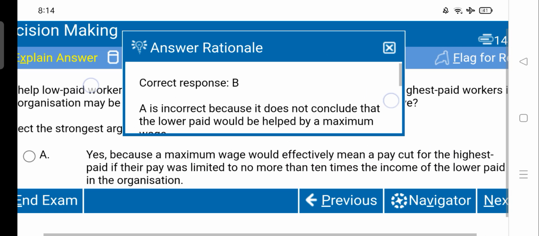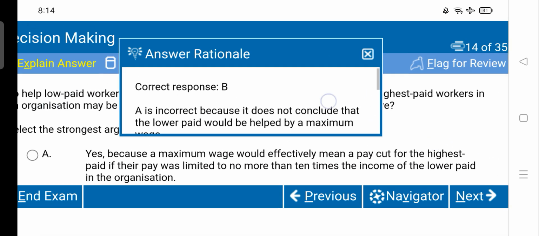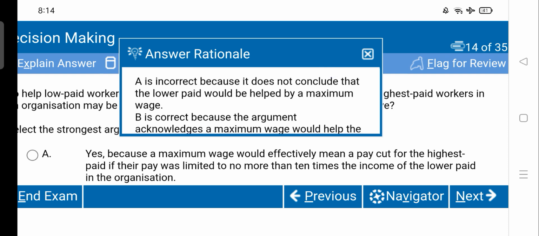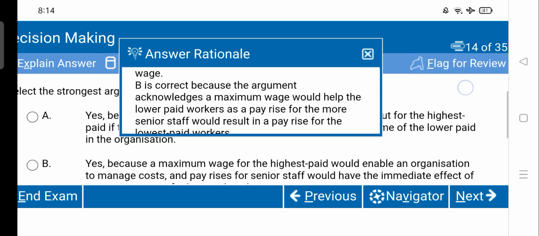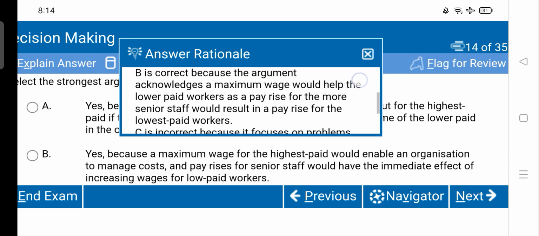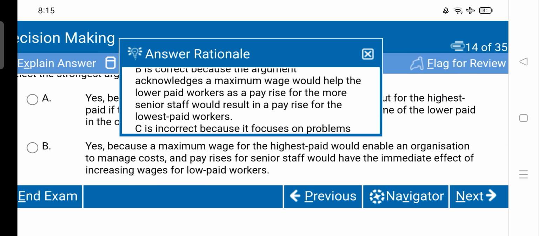So option B is the correct option, and option A is incorrect because it does not conclude that the lower paid would be helped by a maximum wage. Option B is correct because the argument acknowledges a maximum wage would help the lower paid workers, as a pay rise for the more senior staff would result in a pay rise for the lowest paid workers.